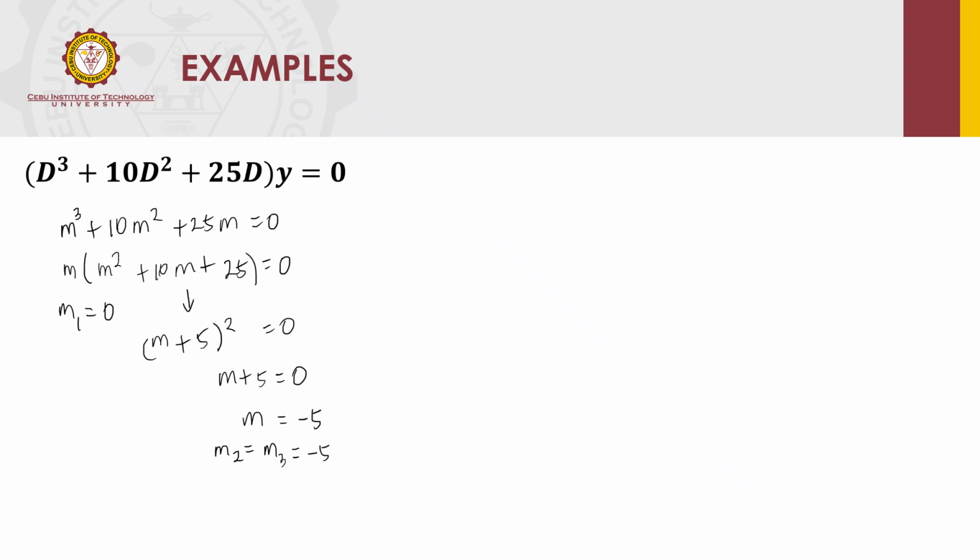So for case 2, and of course, case 1 also. For case 1 first, for the distinct root, which is 0, it's c1 e to the 0x. And then for the repeated roots, we have e to the repeated value of m, which is negative 5, multiplied by x, and then multiplied by c1 plus c2 times x.